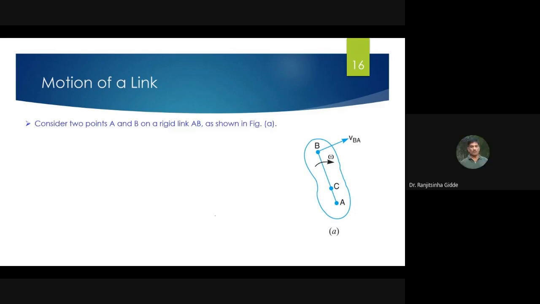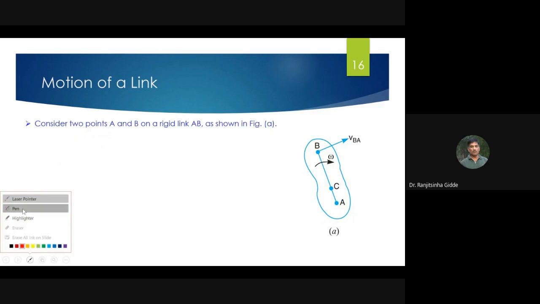Now, out of these two diagrams, first you can see there are 2 points, point A and B, and what it indicates is one rigid link. So this is rigid link AB.